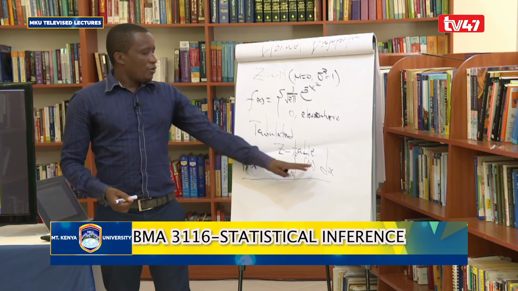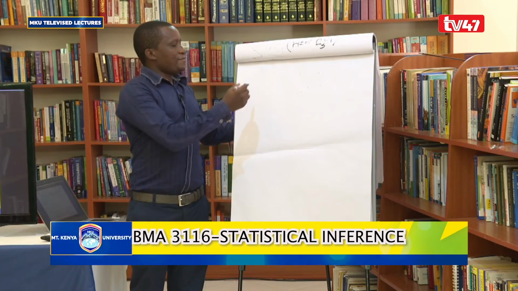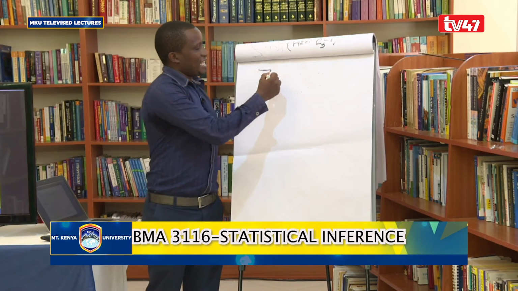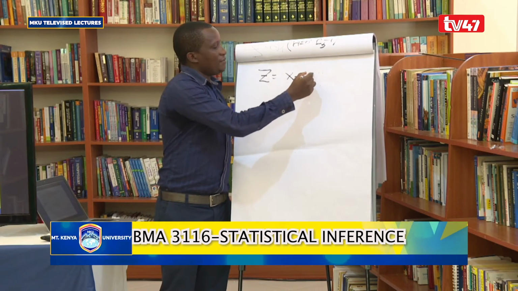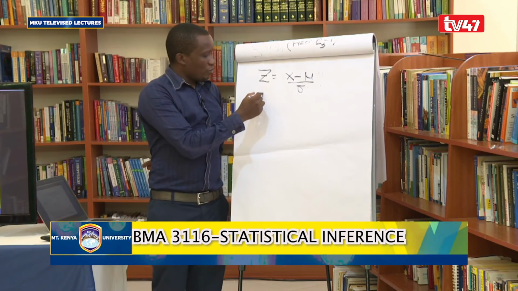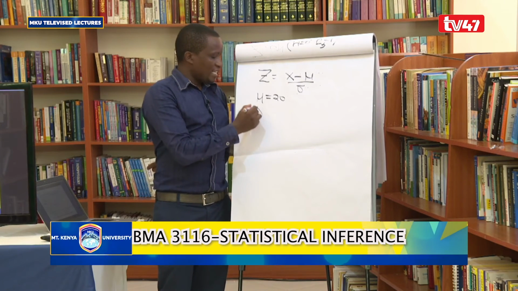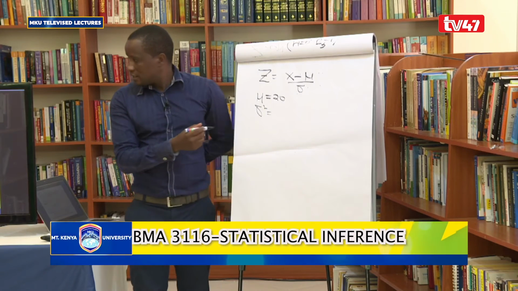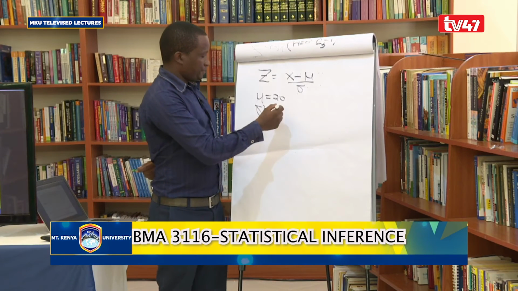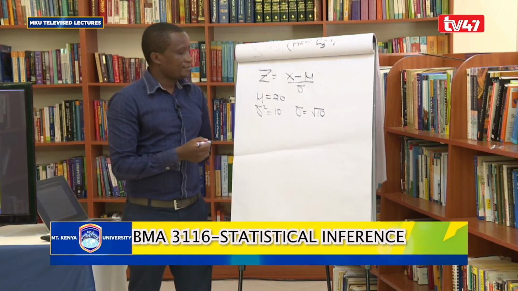But now, this could be tedious, and alternatively, we can first calculate the value of z. Now, the value of z has been defined as x minus mu divided by sigma. Our mu is the mean, which has been given as 20. Then, we've been given sigma squared as 10, so that sigma will be square root of 10.